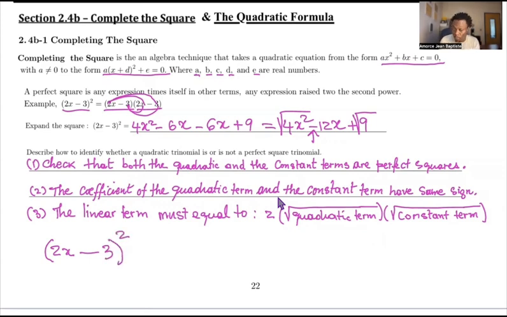That's how you transform from quadratic to perfect square.